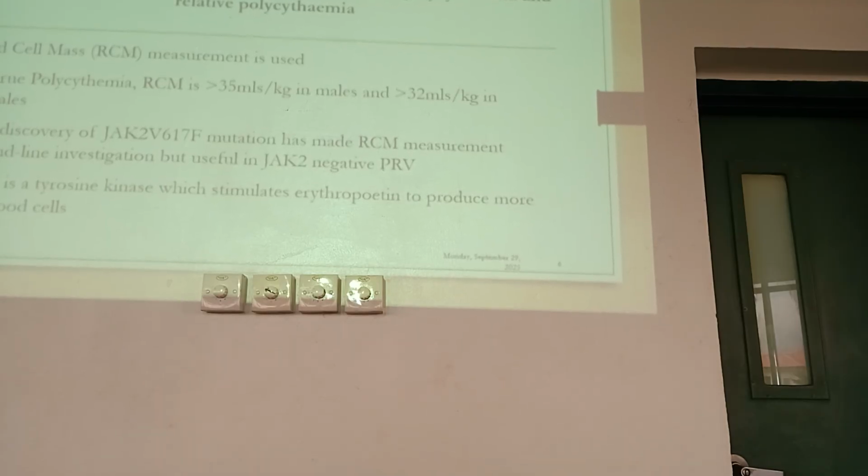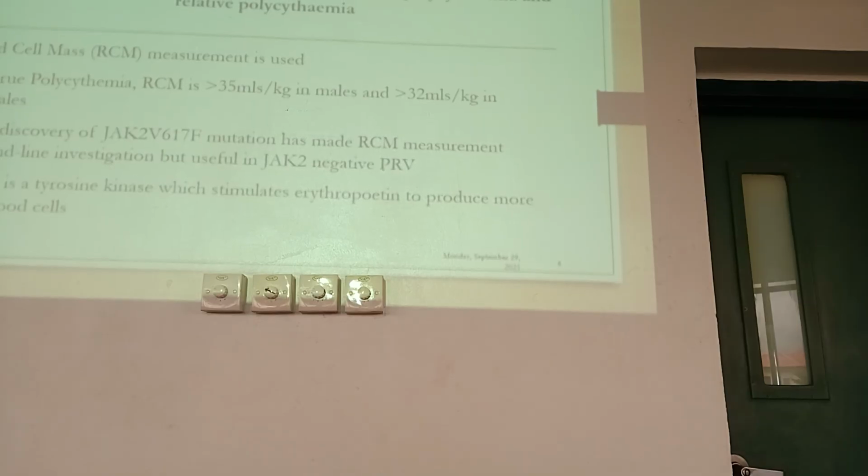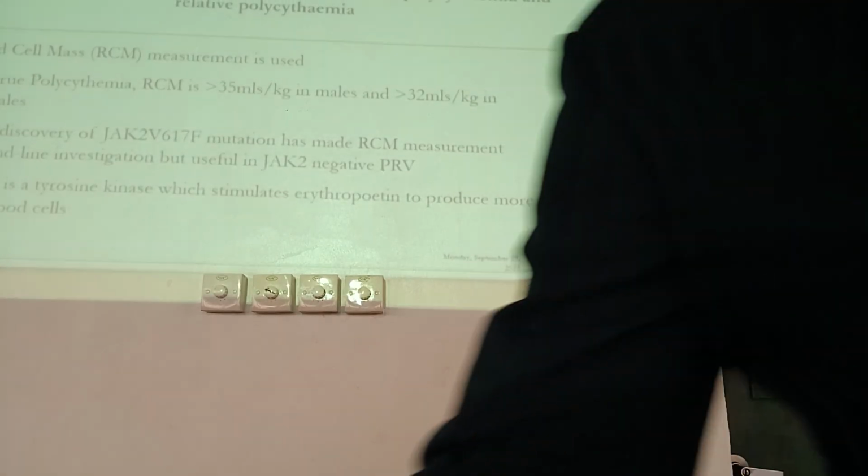So JAK2 is a tyrosine kinase, just like BCR-ABL, which is also a tyrosine kinase, but JAK2 is specific for erythropoietin. So once it's mutated, it will be stimulating production of erythropoietin.